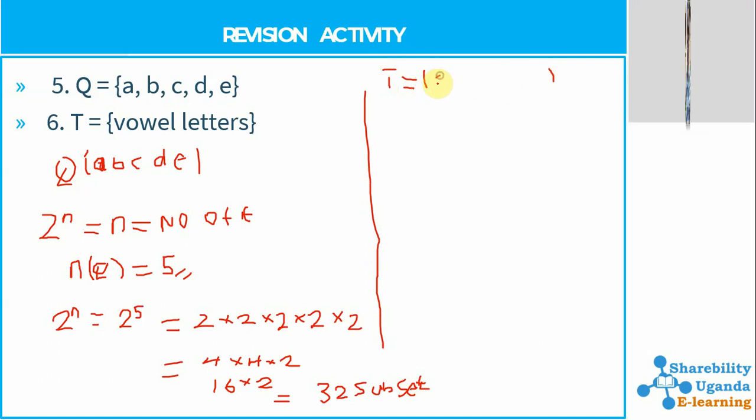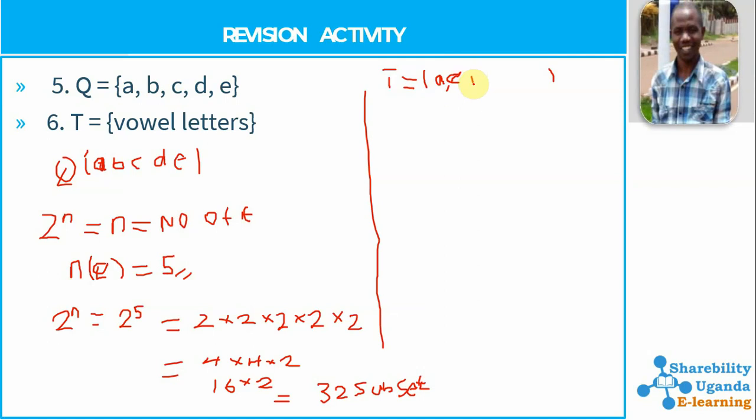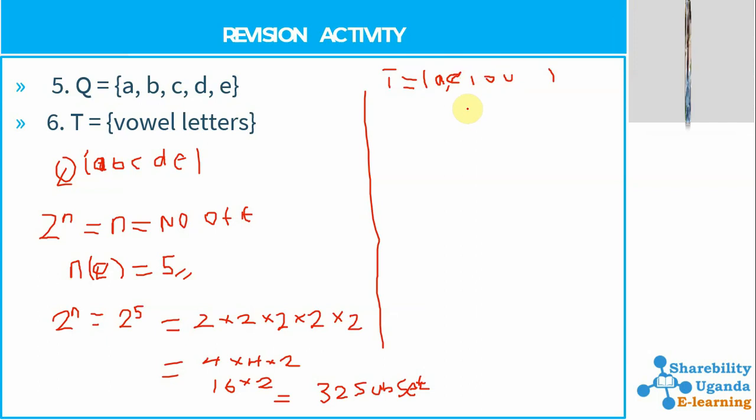We all know them. We start with A, and we write the vowel letters here, each independently, up to U. So these are the vowel letters within our set T.